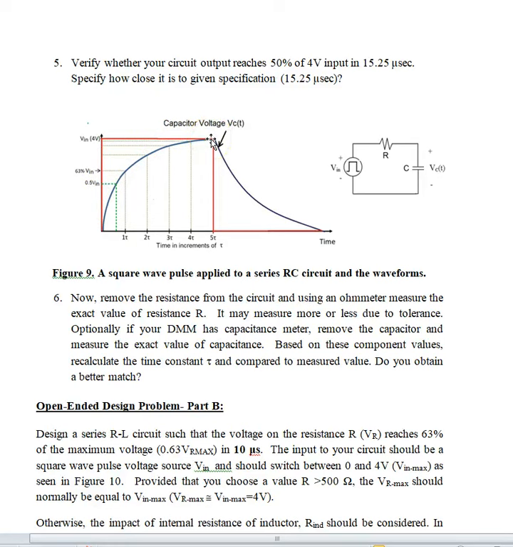It takes about 5 times the time constant, so 5 tau, to reach the fullest value, where tau, the time constant, equals the RC product. And similarly, it takes 5 tau to fully discharge to the 0 volt level.